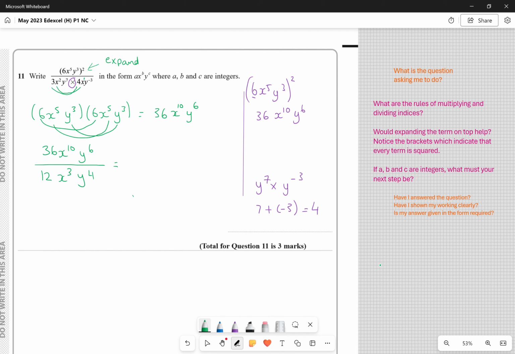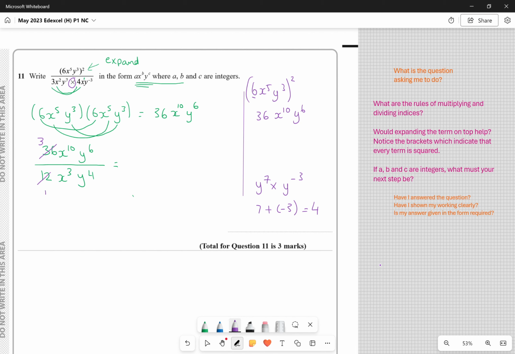We're still trying to cancel. Remember, we're still trying to get it into the form ax to the power b, y to the power c. So let's see what we can cancel here. The 36 and the 12: 12 goes into 36 3 times, and 12 goes into 12 once.